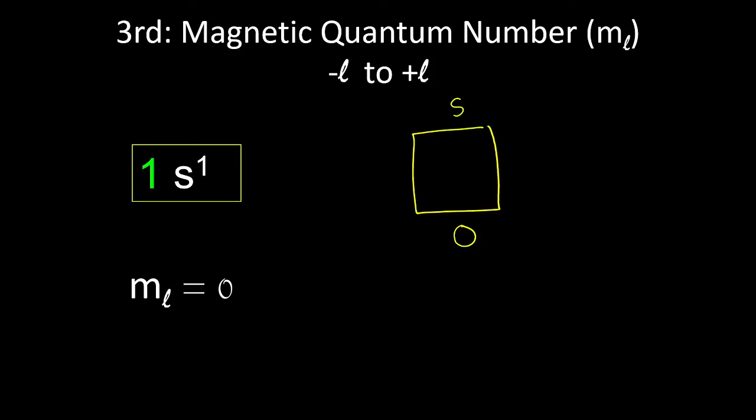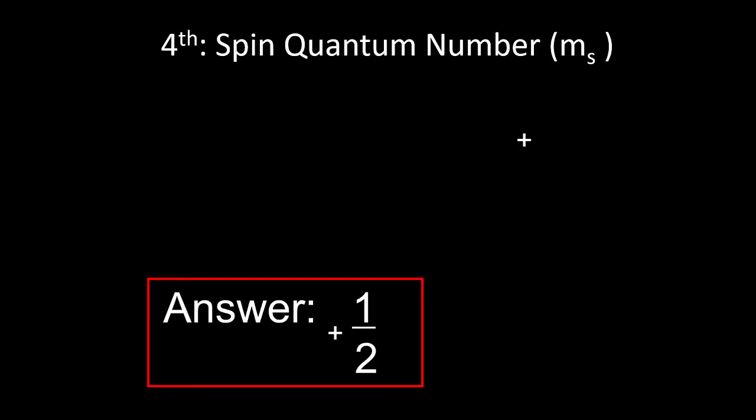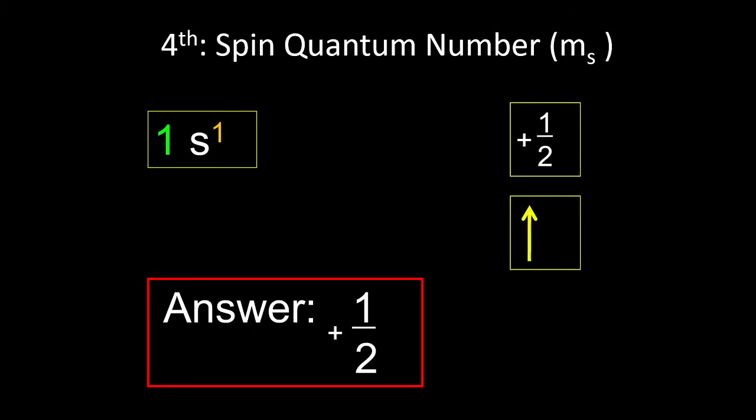Next, the fourth quantum number. Why is it positive 1/2? Here's the explanation. If I have 1s1 and I draw a box there, I will only have one arrow up. And since it is one arrow up, it's positive 1/2. So my answer for the spin quantum number is positive 1/2.